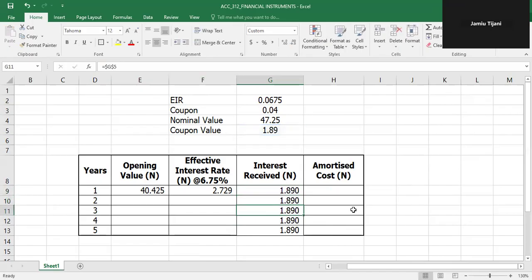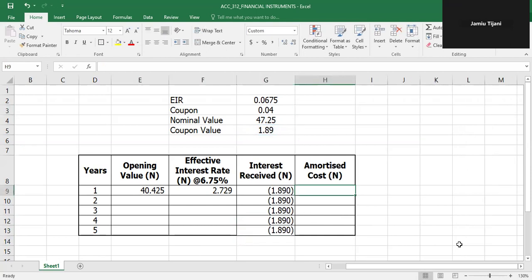That's the meaning; it's applied on our coupon. Because we are already receiving part of it, we put this one in brackets. It reduces the value of the investment because we are taking part of the value of that investment. Effective interest rate will increase it, so this one would reduce it. I hope you are following. By the time we want to get our amortized cost, what was the value at purchase?